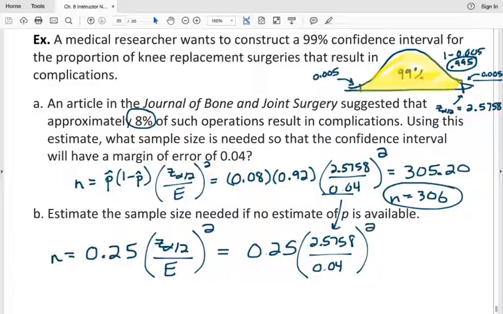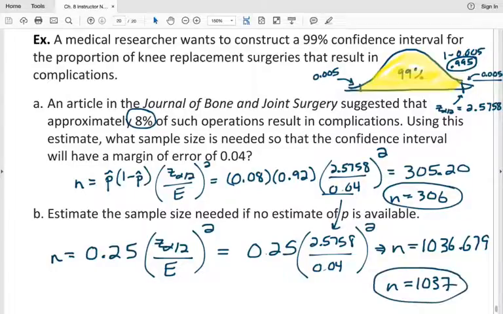Okay, so this was assuming if we didn't know what p was, if we didn't have an estimate for p, then this is what we would have to plug in. And let's see what we would end up getting here. So I'm putting that into my calculator, and I get n equals 1036.679. Okay, the n is 1037. Okay, and that's my sample size.